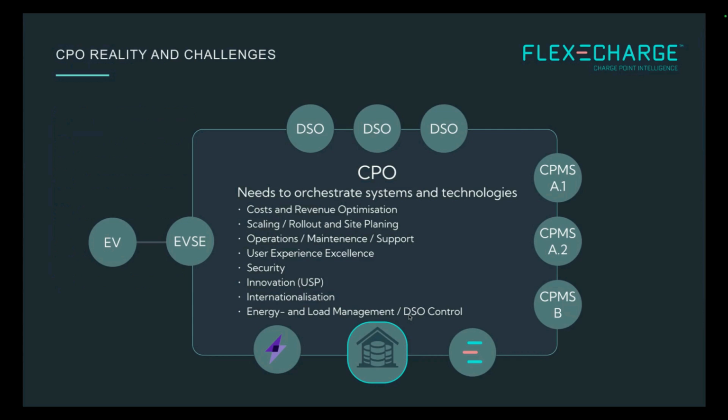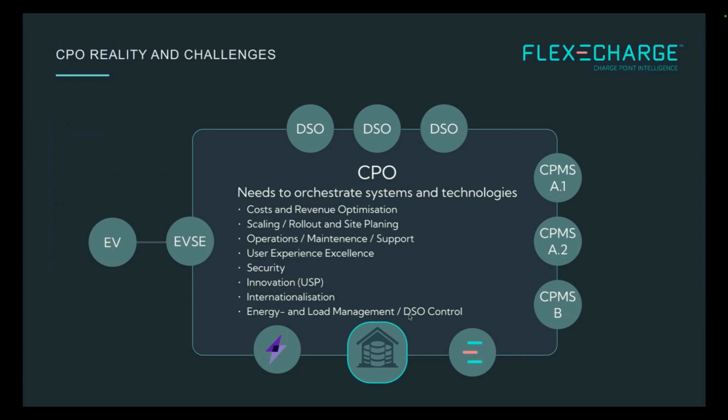We now see more and more software as a service solutions coming into play, for example, for predictive maintenance, for site planning, for load and energy management, like the Flexecharge solution.